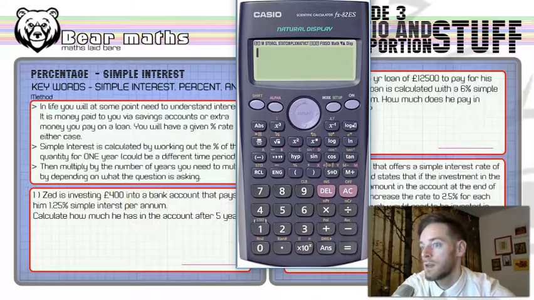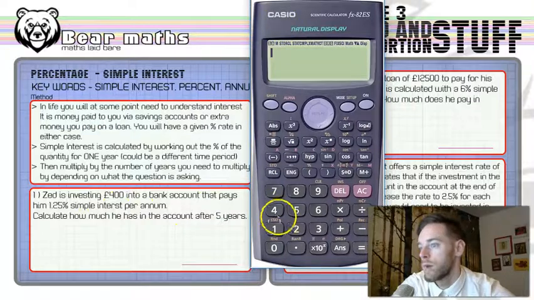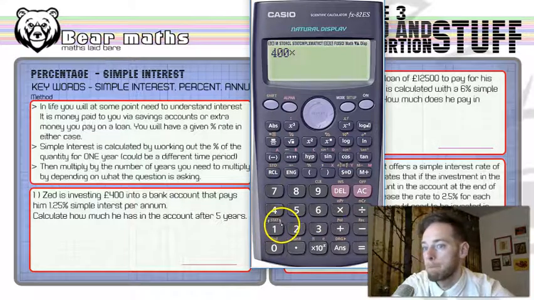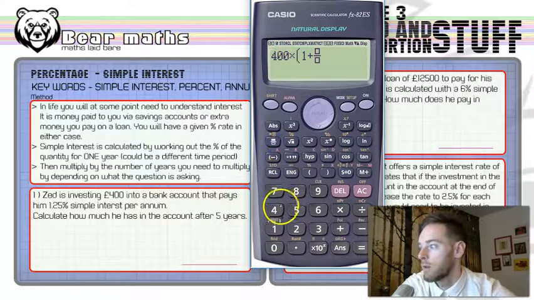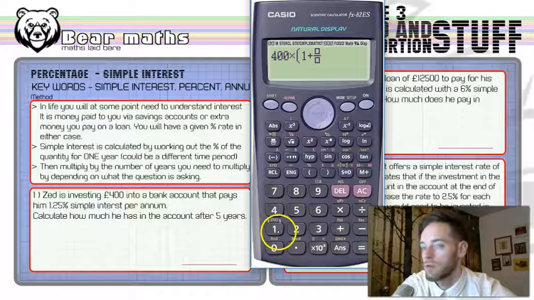Okay, so let's take the £400 multiply by... I could use the multiplier, couldn't we? Let's use the multiplier. So 1 plus, and then we put the percentage over 100. If you don't know what I'm talking about using the multiplier, go back and watch the previous video. I've just explained how to use a multiplier.